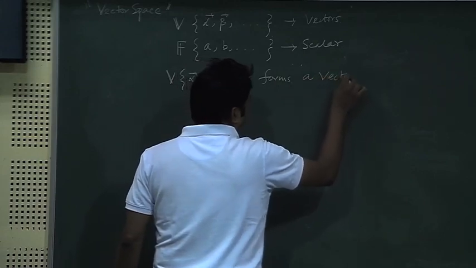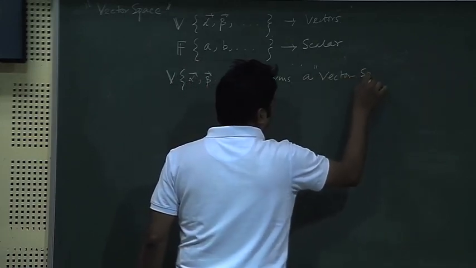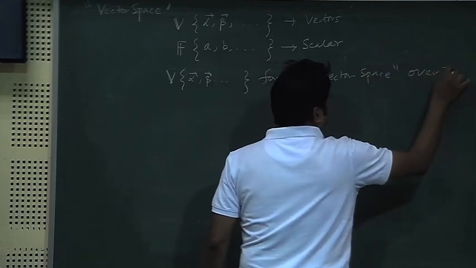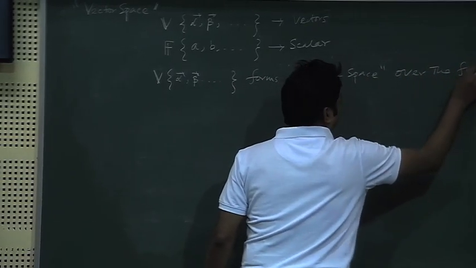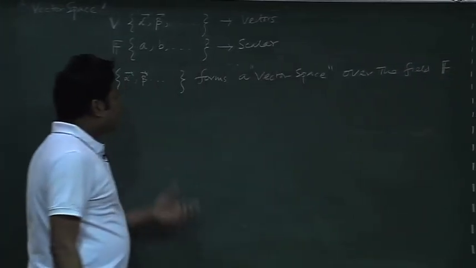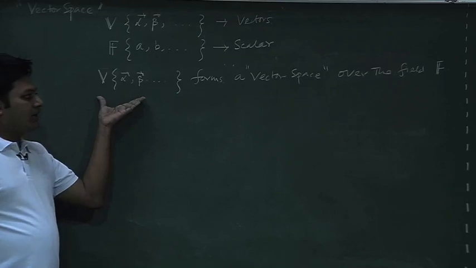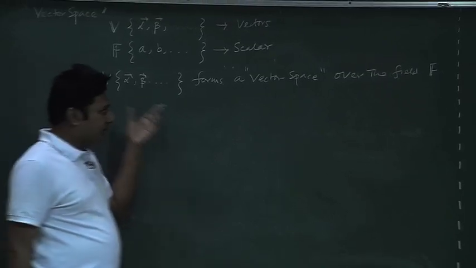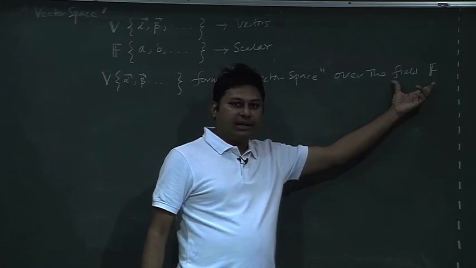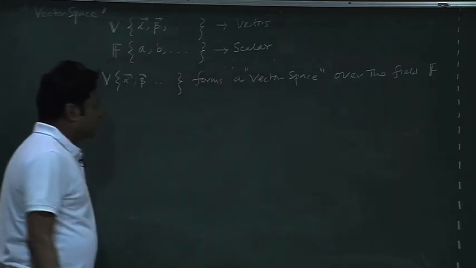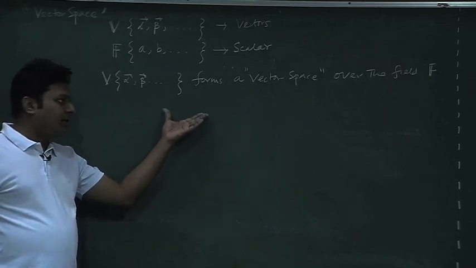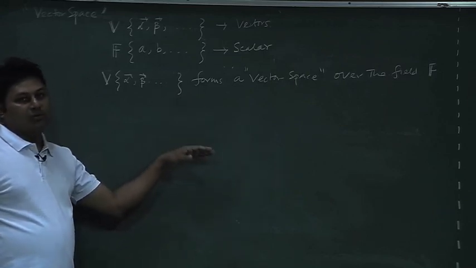This is a very important term, vector space, over the field F. Whenever I say that V is forming a vector space, I should mention over which field it is forming. It is forming over a field F. Now you remember that F can be of two types, real quantity and also complex quantity.